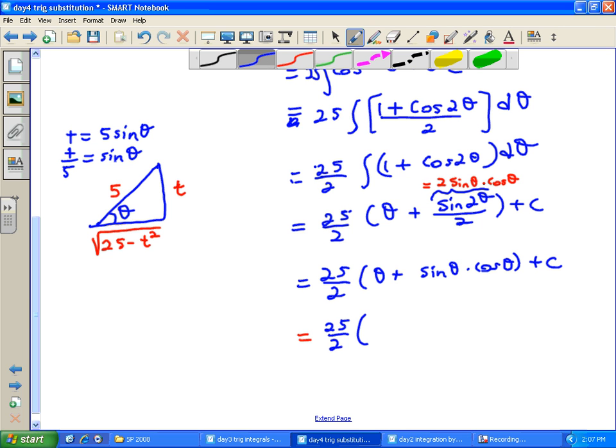What could I write for theta? Since I know that sine theta equals t over 5, what is theta from there? Sine inverse of t over 5. Okay, now what is sine theta from this triangle?